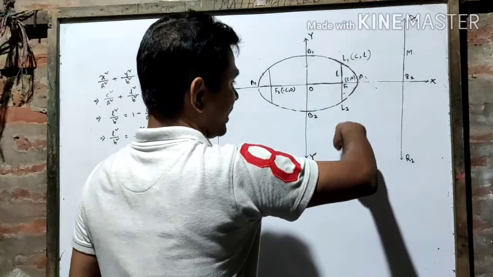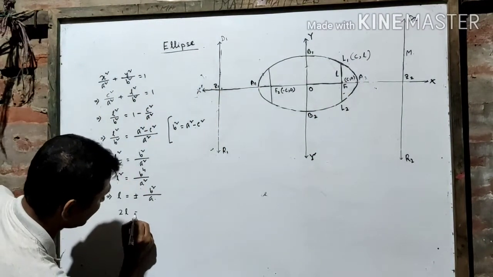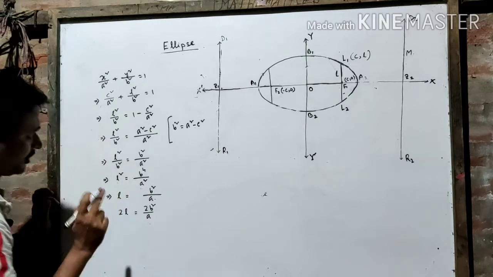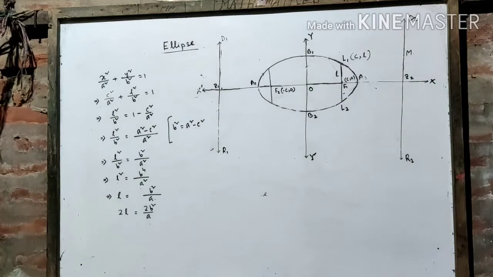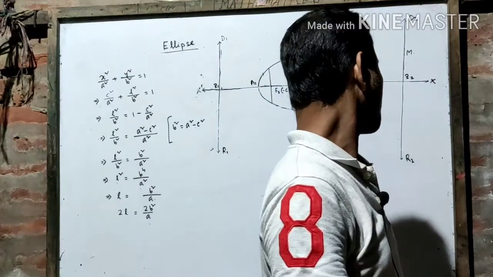So what is the total length of the latus rectum? Therefore the total length of latus rectum is twice L, which is equal to 2b square by a. So the length of latus rectum is 2b square by a.